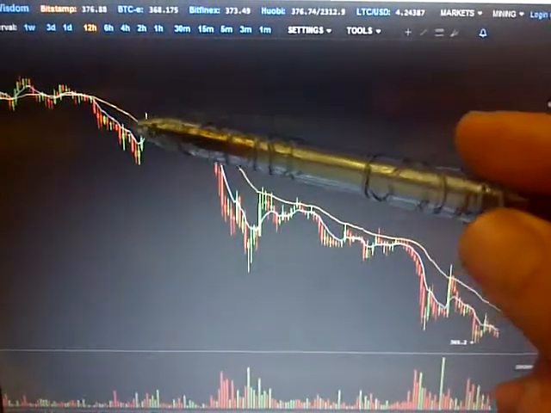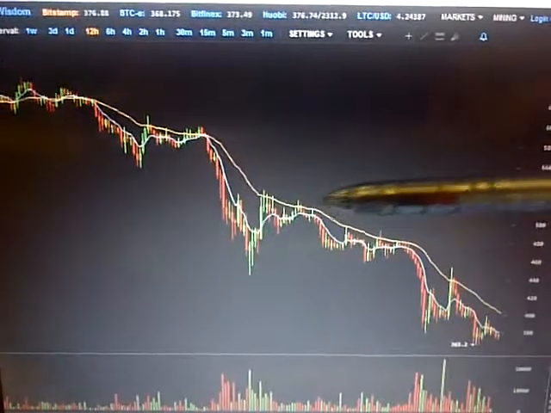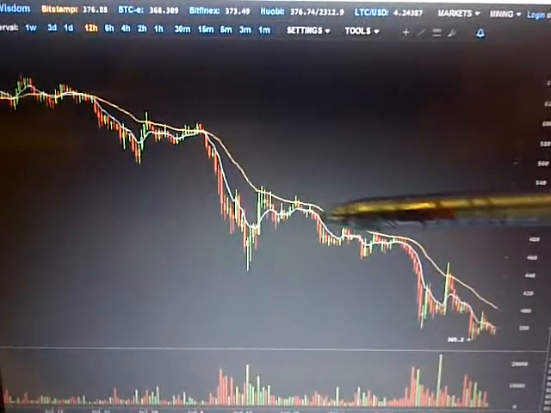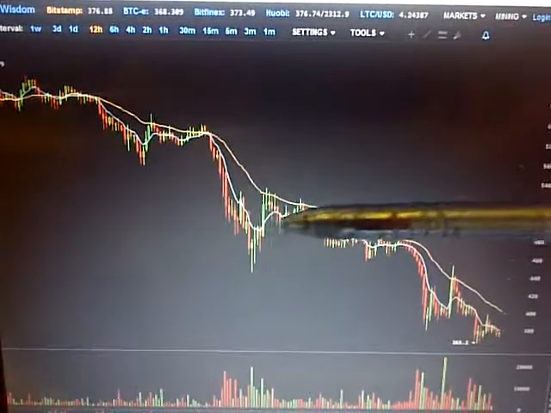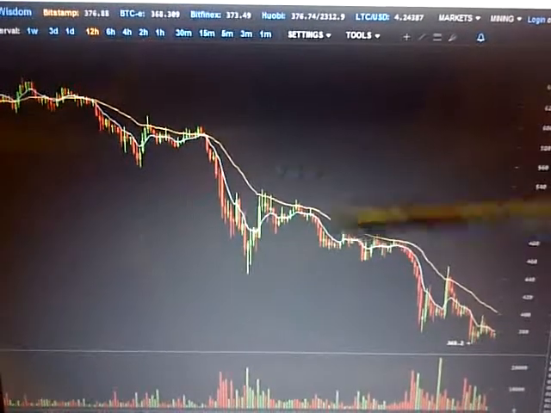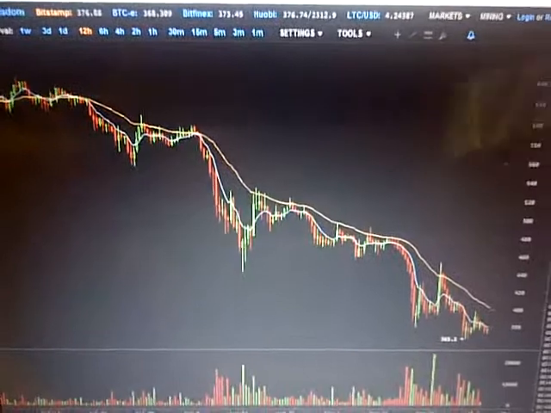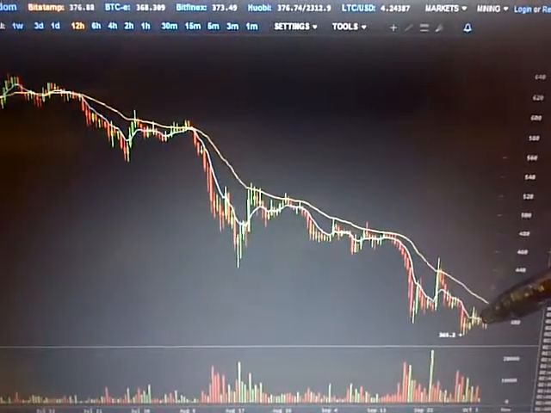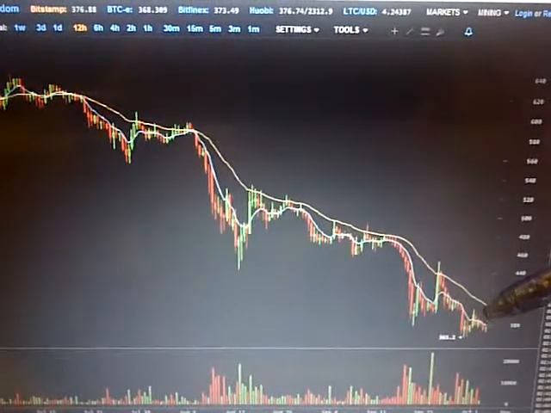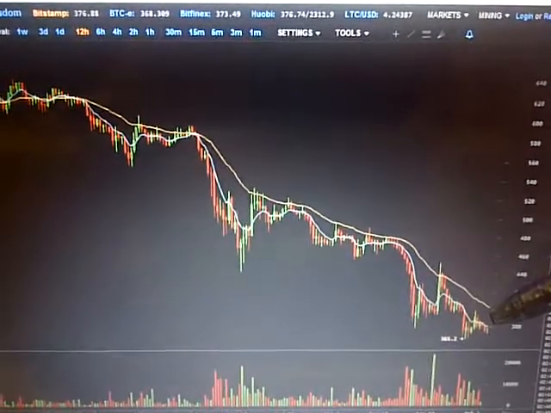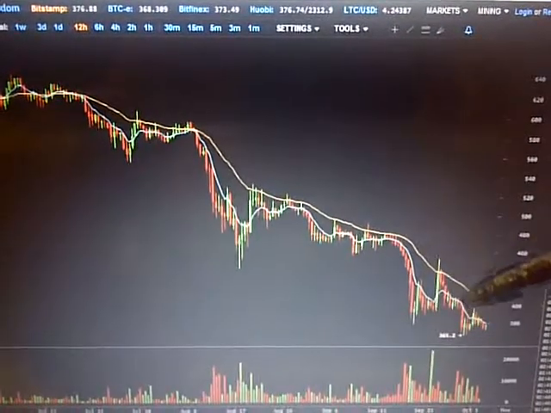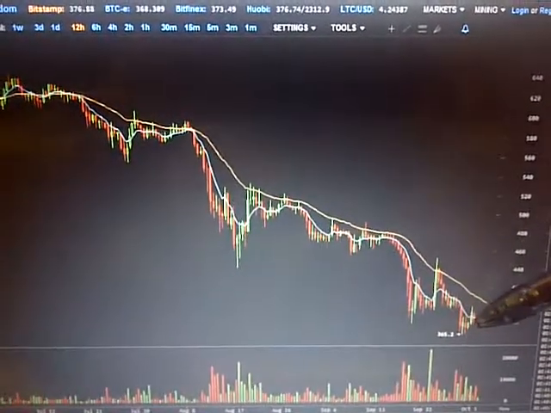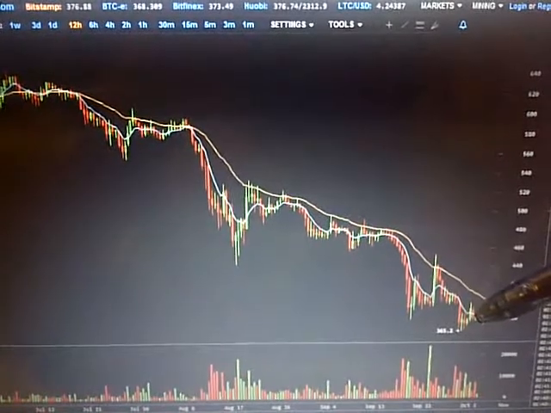You could see that there's this downtrend and there's a gap, and if you really want to wait to buy on an up movement, or buy onto an uptrend or the starting of an uptrend, you can wait for these two lines to cross over.